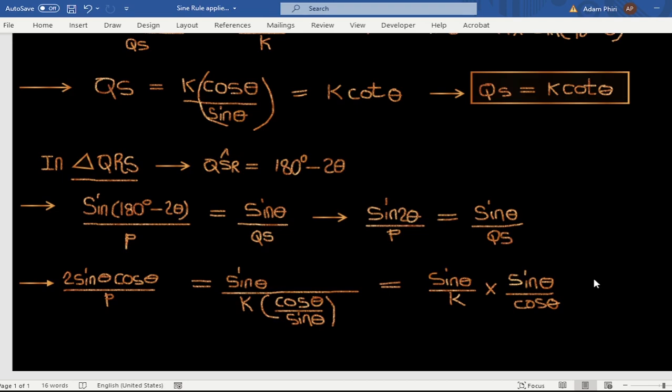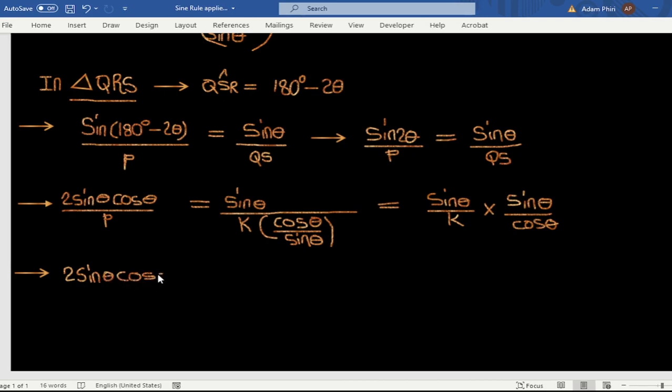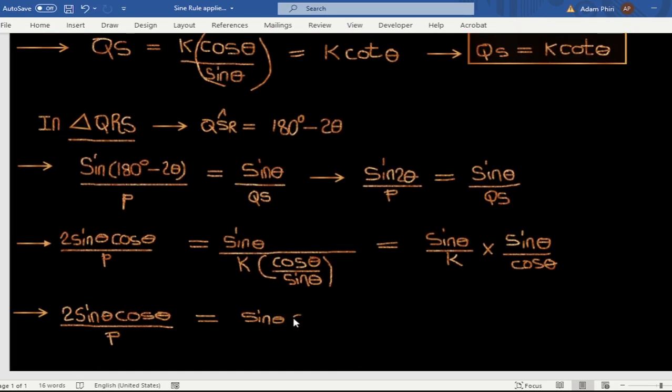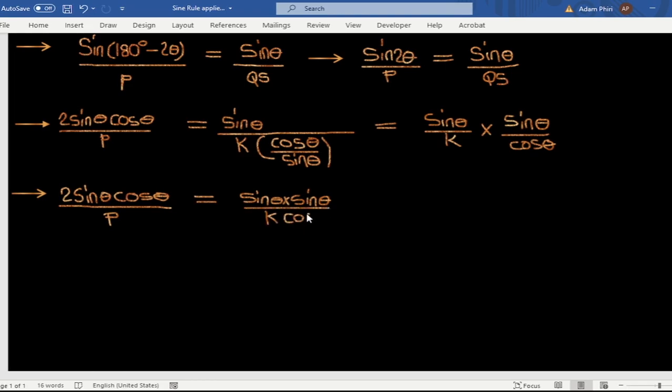Then we can check through the simplification part. Now we have 2 sine theta cos theta all over p is equal to sine theta multiplied by sine theta as well. So that's the previous expression, all over k cos theta.